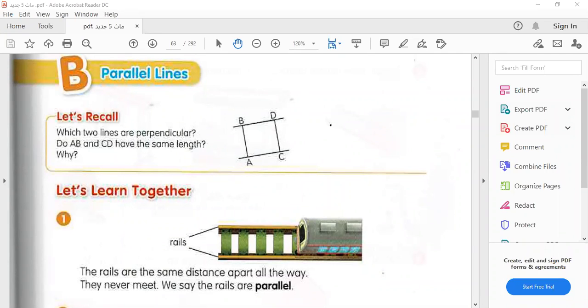This is your homework: study unit 4. The exam will be from this lesson, angles on a straight line, page 43, until time intervals in days, weeks, and years, page 111.